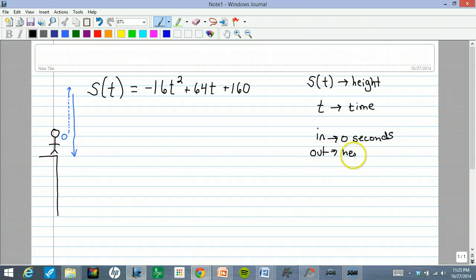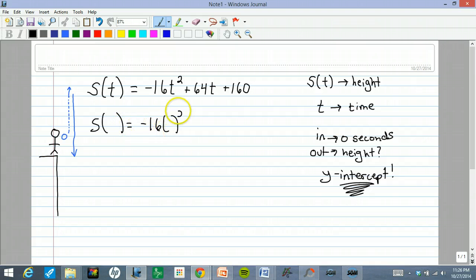And by the way, what key feature is this? When you input a 0, if you said y-intercept, you got it. Alright, so let's do it. This is really the y-intercept. Input 0, s of 0 is negative 16 times 0 squared plus 64 times 0 plus 160.